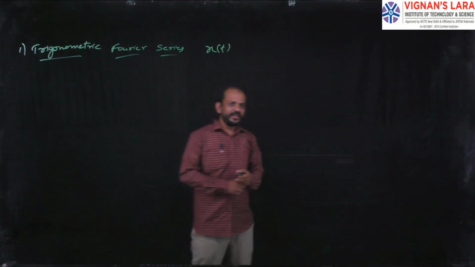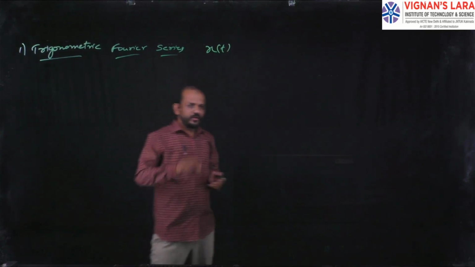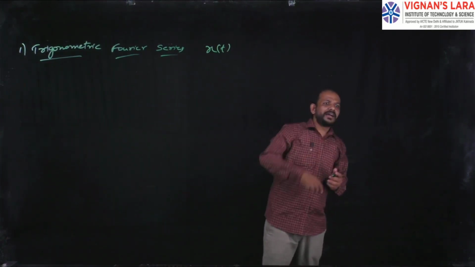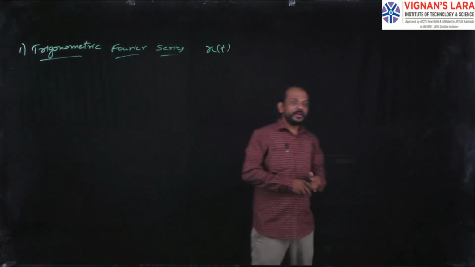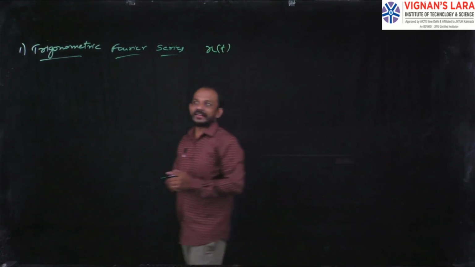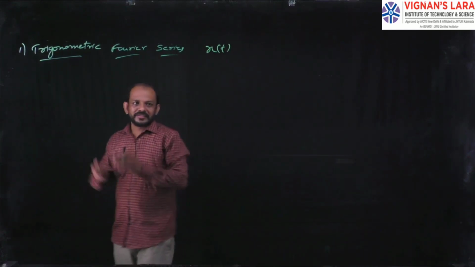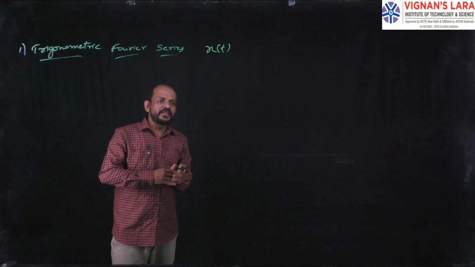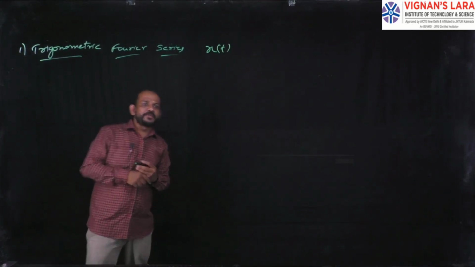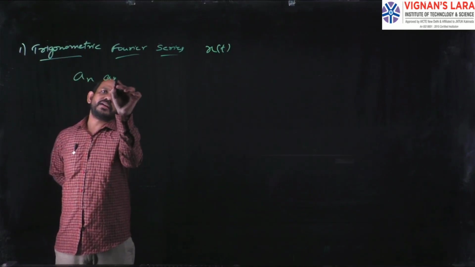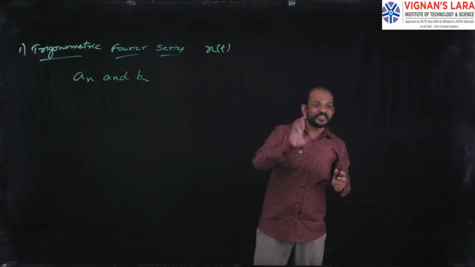In the trigonometric Fourier series representation of a periodic signal x of t, it consists of sine and cosine terms with positive and negative amplitude coefficients, but with no phase angles.